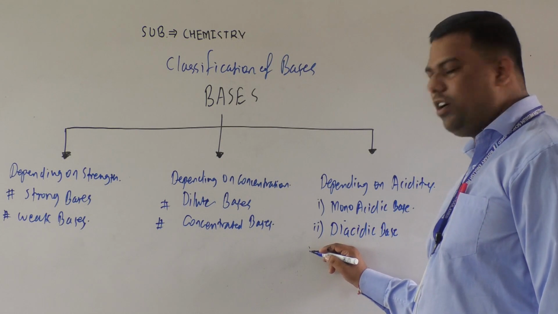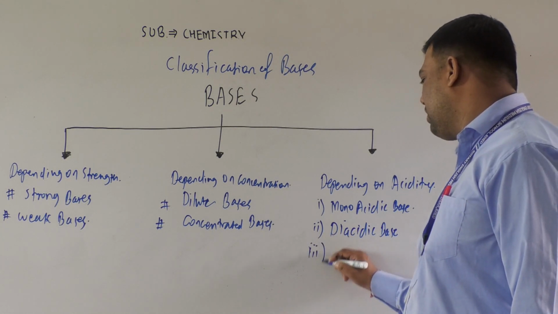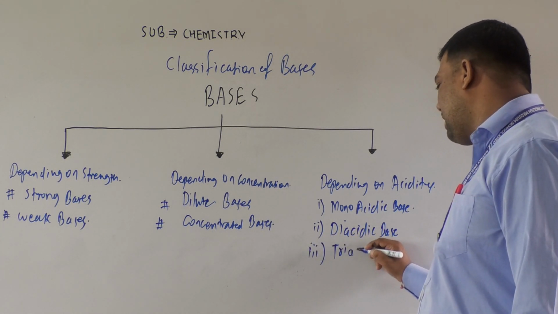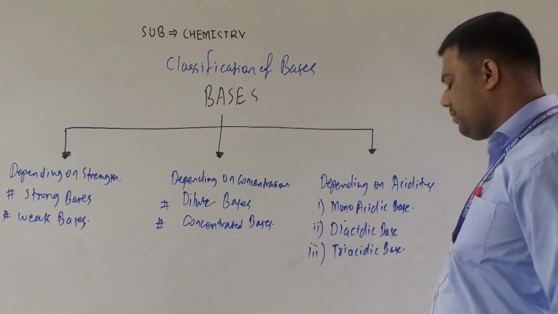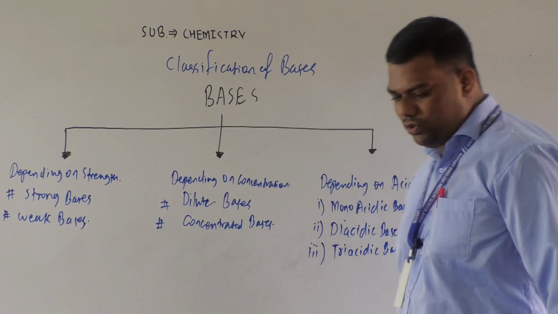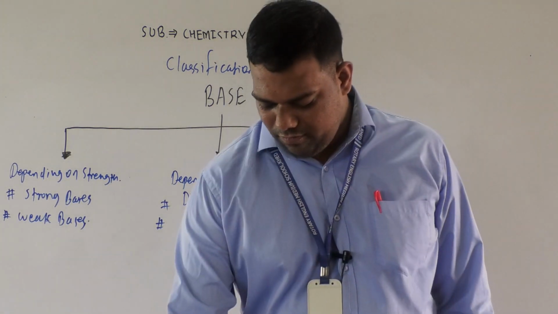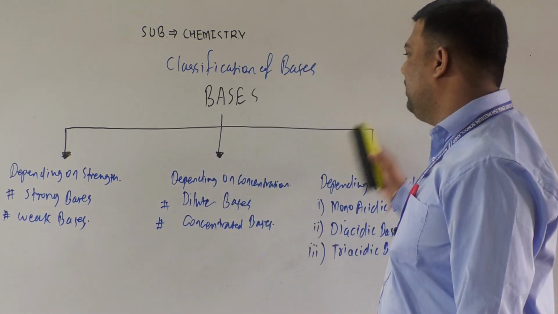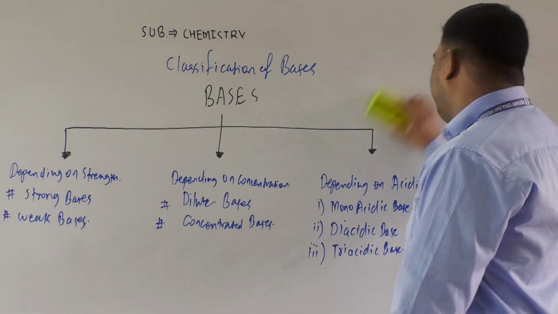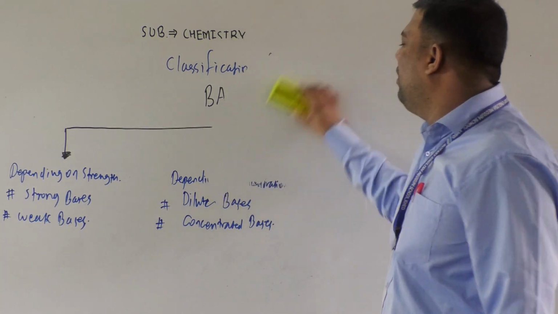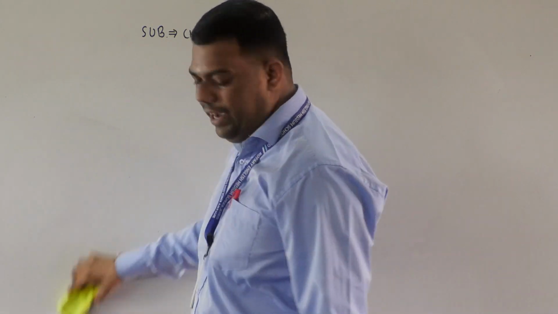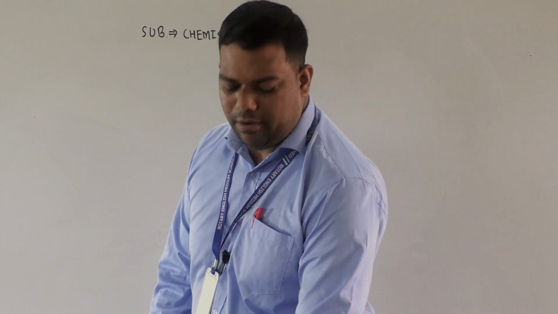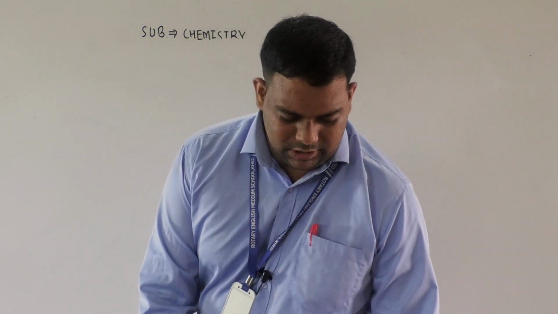And the third one, triacidic base. Okay, so these are the classification of bases. Understood? Now we will move towards it in detail, in depth, with an example we will discuss here.